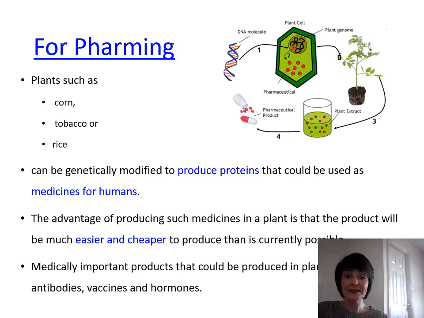So the advantage of producing such medicines in plants is the product will be easier and cheaper to produce than is currently possible. And medically important products can be used in things like producing vaccines and hormones. So that is a good thing to do with pharming.